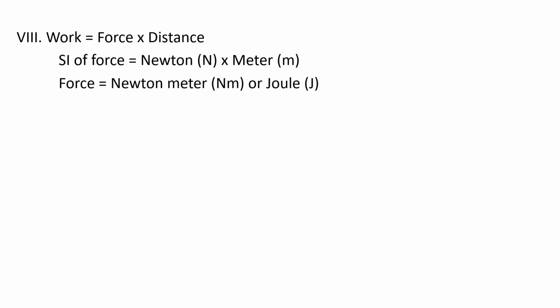And we said distance can be equated to length, and length, its SI unit is what? Meter. So this we will get what? Newton meter. So the SI unit of work is Newton meter, which is also equivalent to joule, the symbol J. So 1 joule is equivalent to 1 Newton meter.